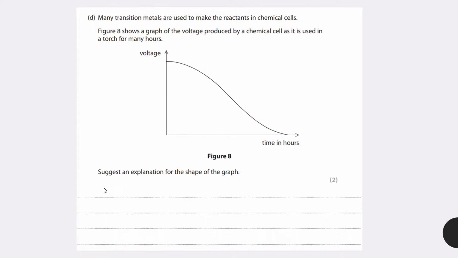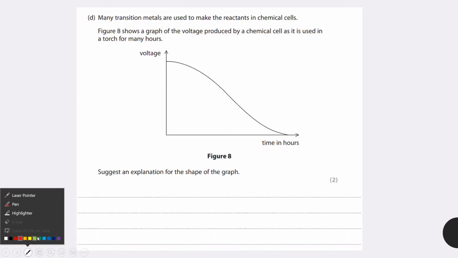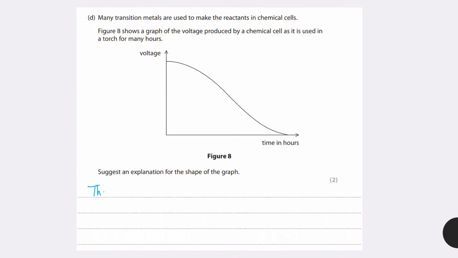So the voltage is produced by a chemical reaction in the battery, by a chemical reaction in the cell. Well, if it's more than one, it's a battery, but I'm going to say cell because I used the word cell.